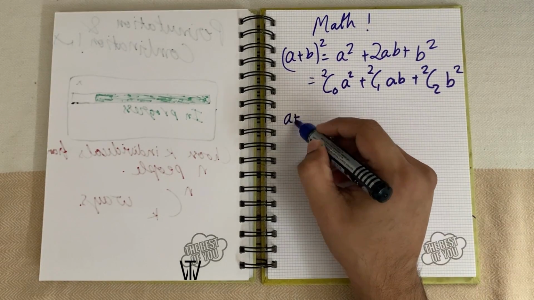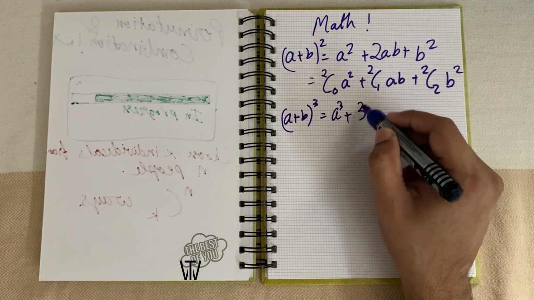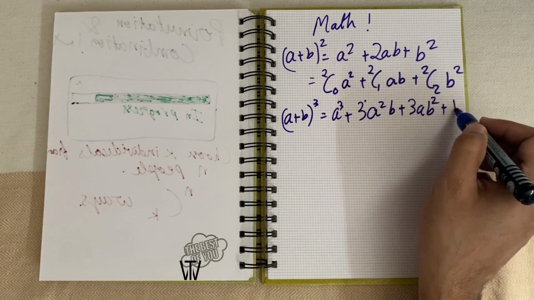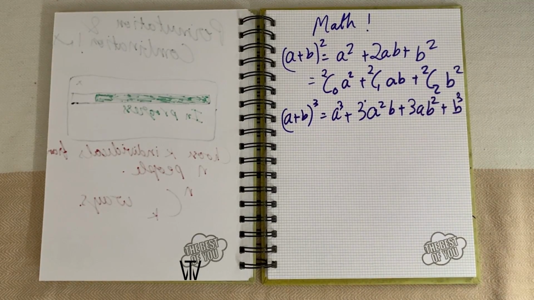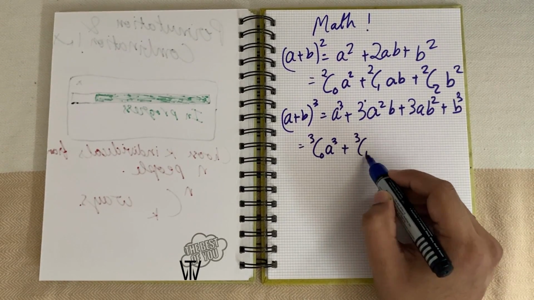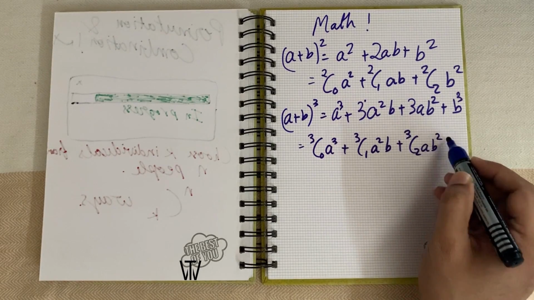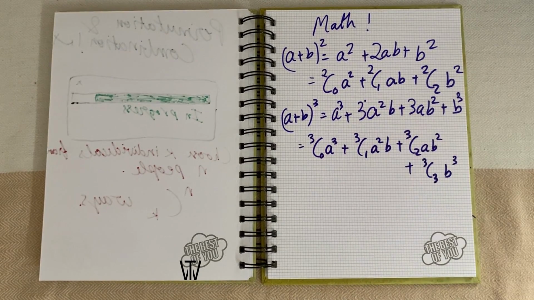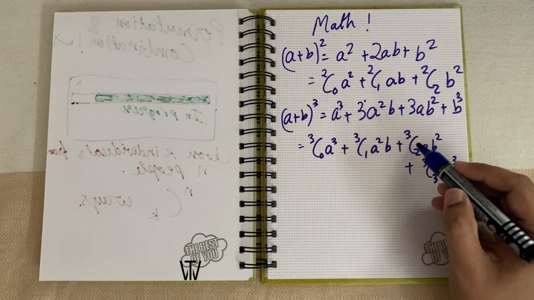Similarly, (a plus b) whole cube equals a cube plus 3a square b plus 3ab square plus b cube. I could rewrite this as 3C0 a cube plus 3C1 a square b plus 3C2 ab square plus 3C3 b cube. Notice that the denominator in the choose is the same as the exponent of b.